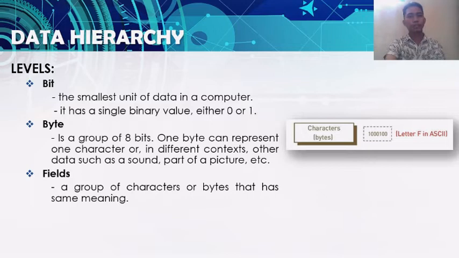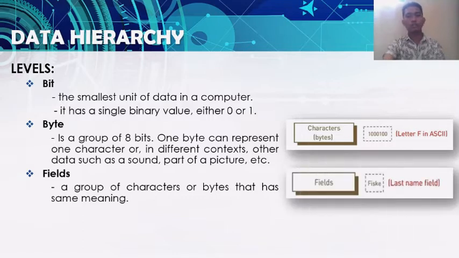It is a combination of one or more related characters or bytes, and it is the smallest unit of data a user accesses. As you can see in the picture, a field name uniquely identifies each field. The key is the last name, which identifies each field.